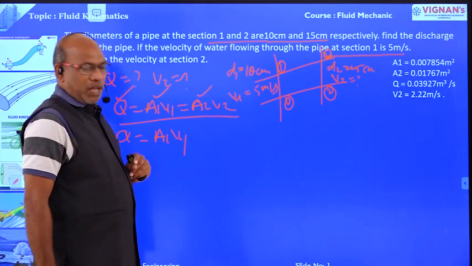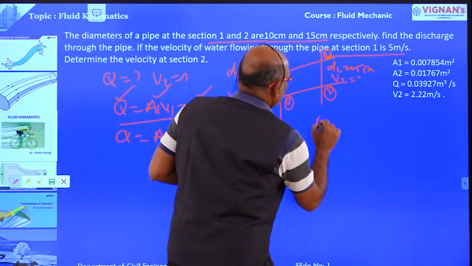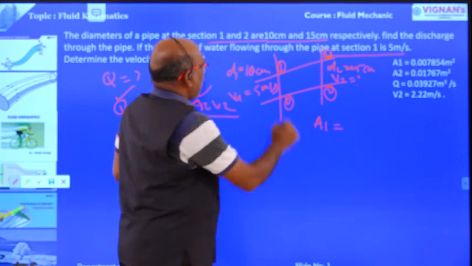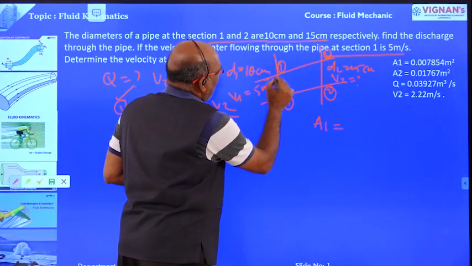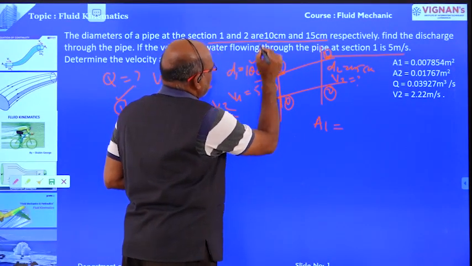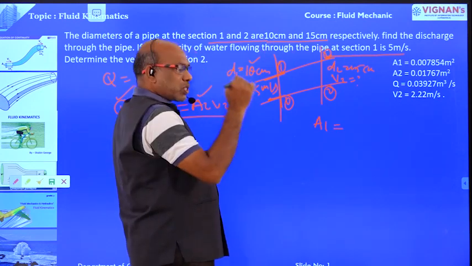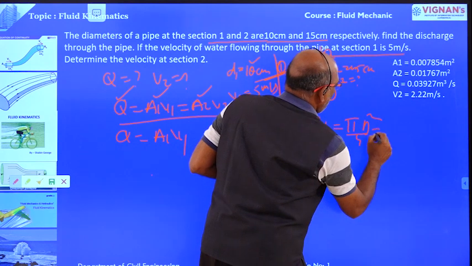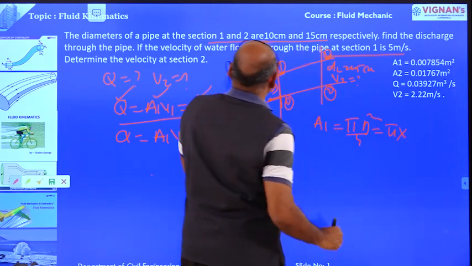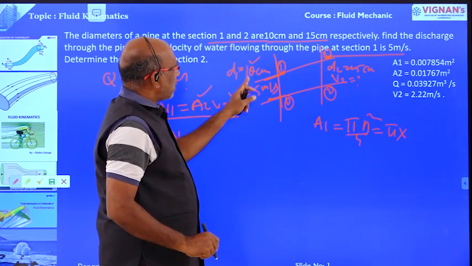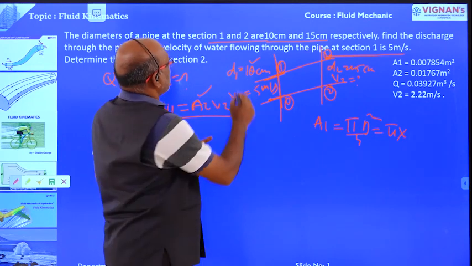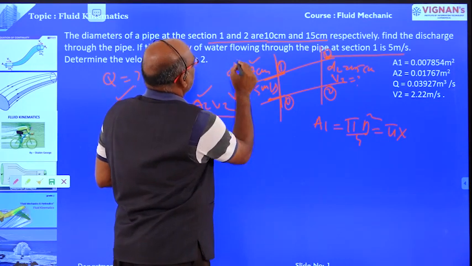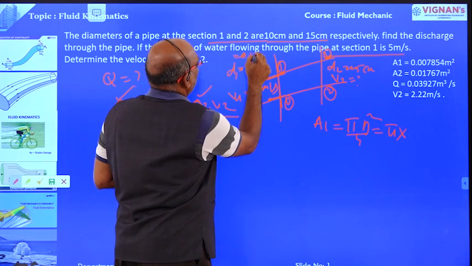Right, what is A1? At section 1,1, the diameter of the pipe given is 10 centimeters. So the cross-sectional area is equal to pi d square by 4, that is pi into d, where d is 10 centimeters. First convert this into meters: d is equal to 0.1 meter.